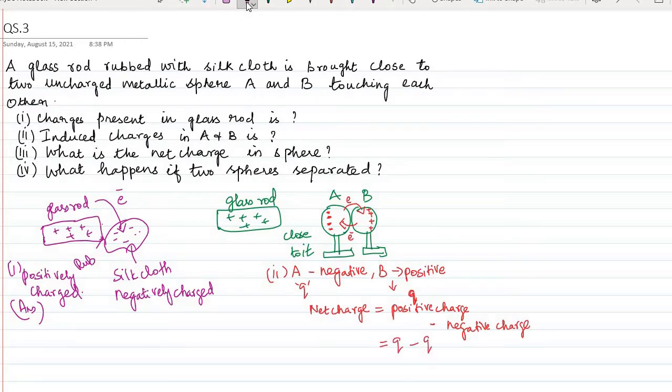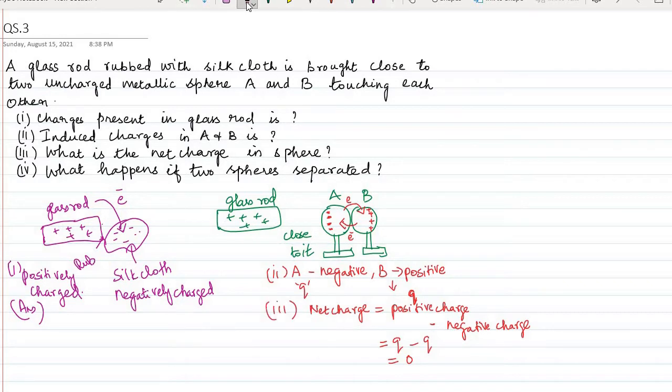Q minus Q is equal to 0. So the net charge will be 0 when you add both the charges. Equal amounts of negative and positive charge cancel each other. This is the answer for the third.